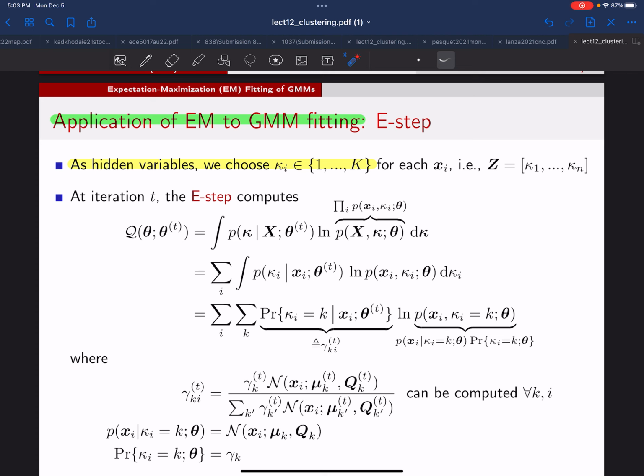This is going to lead to a lot of simplifications because remember that the log of a product is the sum of the logs. And that sum over i, we can move out to the front over here. What remains is the log of this term, which only depends on a single one of the kappas, particularly the ith kappa. So when we do this integration over all the kappas, essentially all but kappa i fall away.